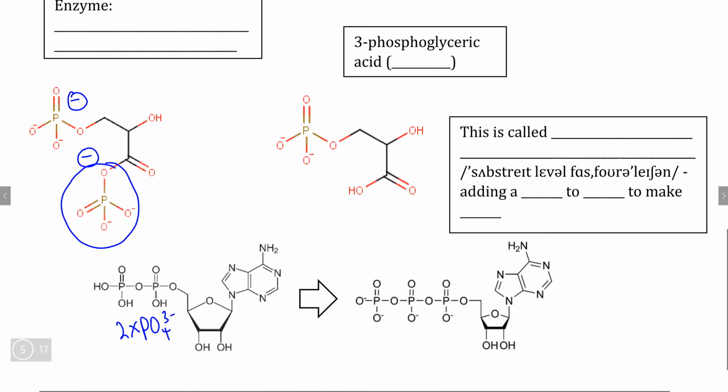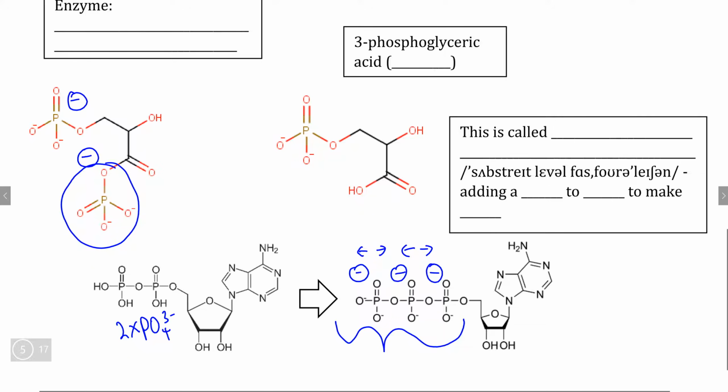Now, the problem about doing this is that ATP is a very difficult molecule to make, because it involves forcing three phosphate ions close together like this, overcoming all of the intramolecular repulsion that normally keeps them apart.